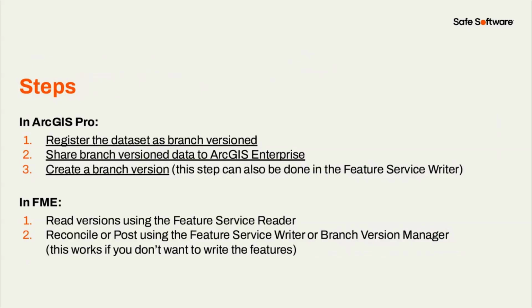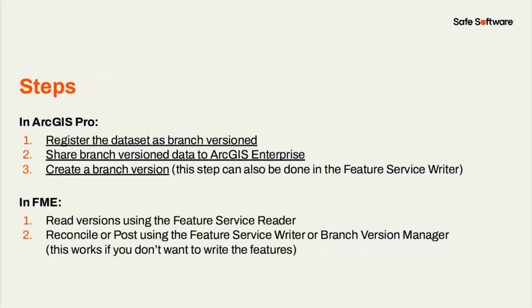In FME, you can use the feature service reader to read in your various versions. And then you can reconcile or post the different versions using either the feature service writer or the branch version manager. You'll want to use the branch version manager if you're trying to reconcile and post outside a writing session.